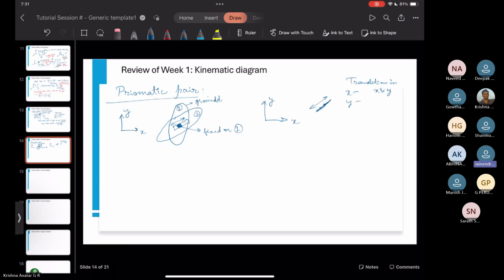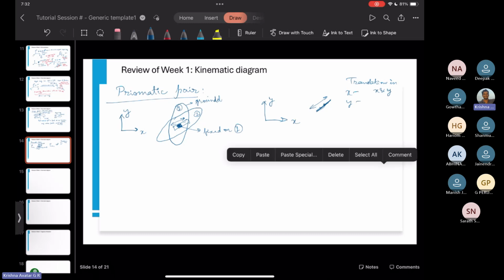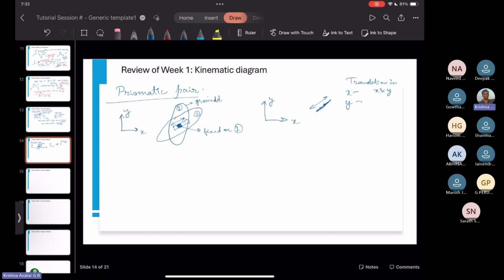In a rigid body, every point takes only linear motion. But still, we can clearly see that the x and y values are changing, and translation is in both x and y.